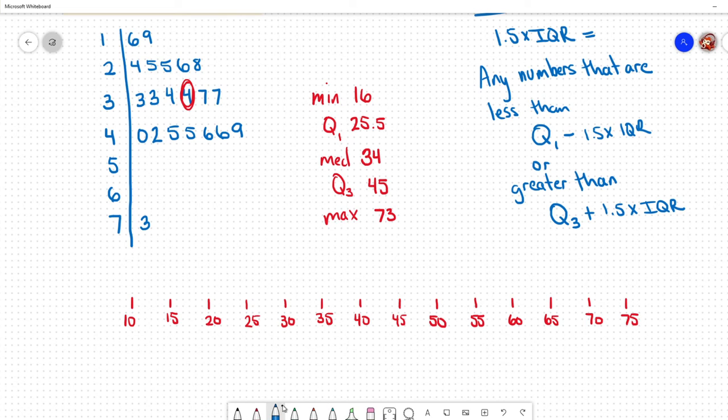I'm going to use blue to indicate where my values are. 16 is going to be somewhere here, and 73 somewhere there. My min and my max. You don't have to label it, but I like to label it. Median's at 34.